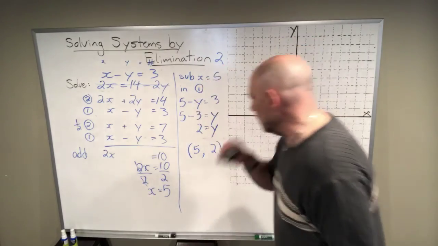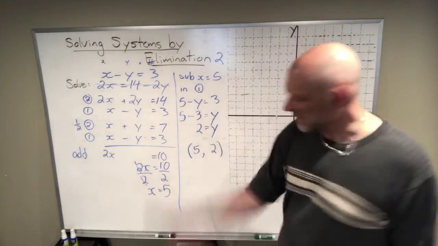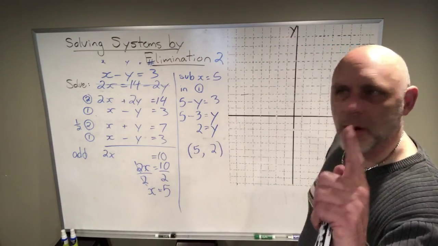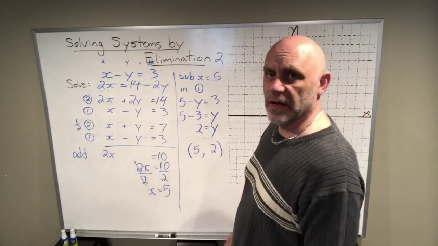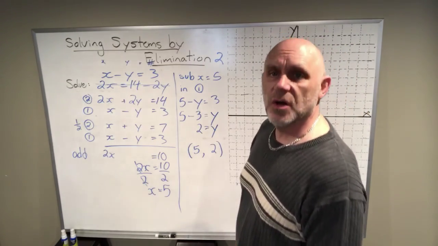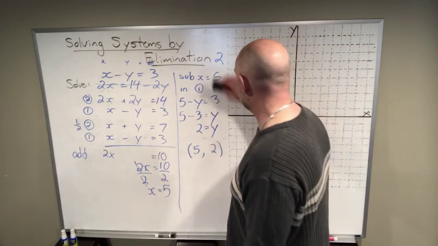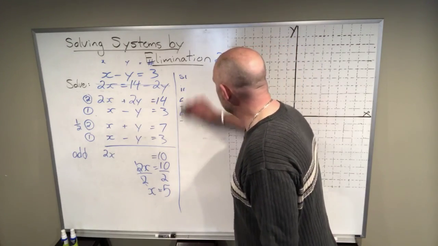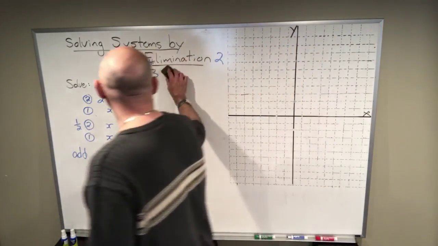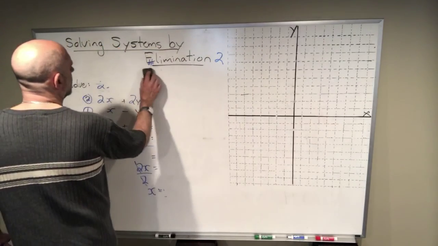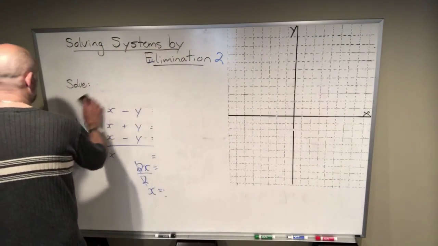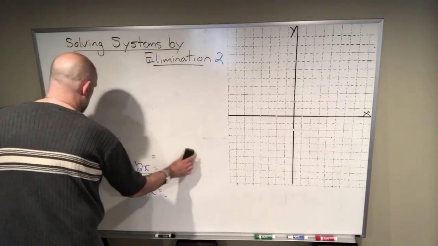Okay, so let's get rid of this and do one last, and then you're ready. You guys are ready to take on the assignment for all of solving systems unit. We can do it.